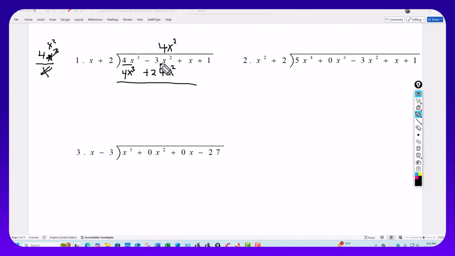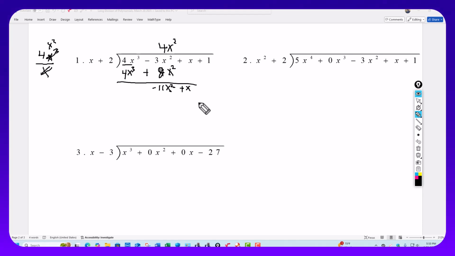And then I have a minus 3x squared. And this is an 8 here. And then you subtract, that becomes a minus 3, and minus 8 is minus 11 x squared. And then I bring the next one down. It's like you're subtracting 0 from x. So x minus 0 still gives me the x.